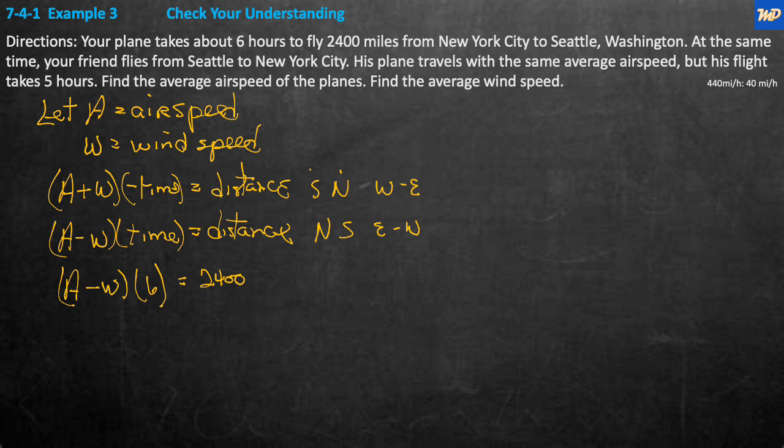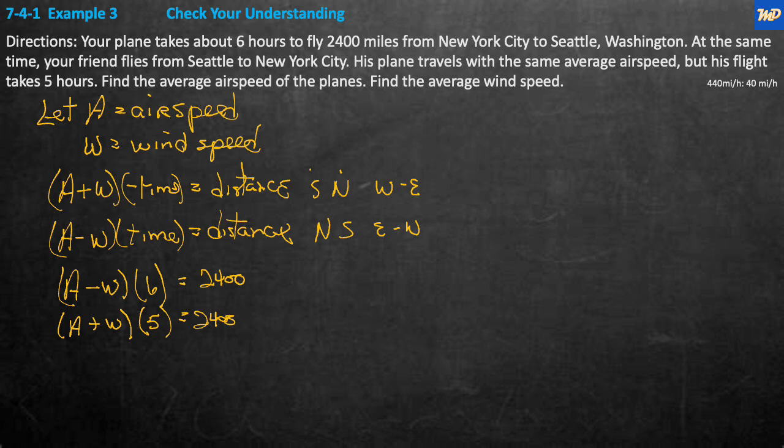And then the other equation is A plus W times 5 is equal to 2,400. So now both of these equations are equal to the same distance. So we can set them equal to each other, right?